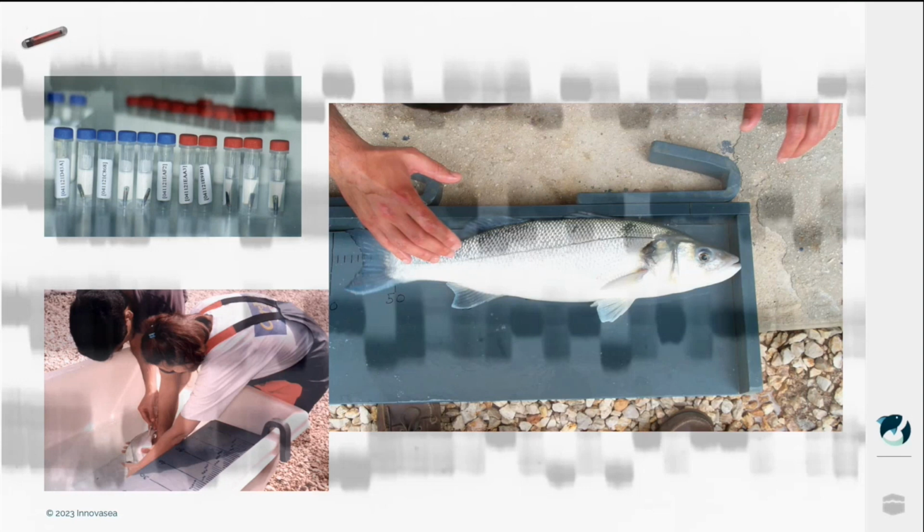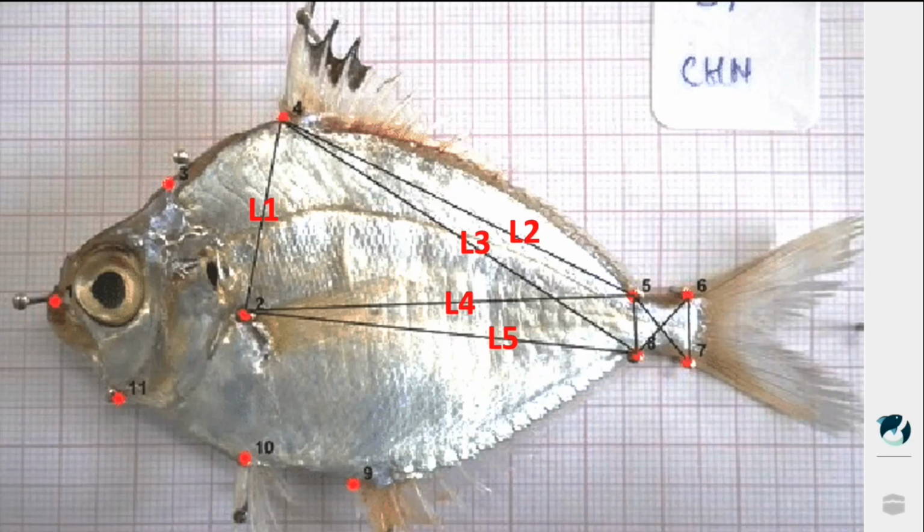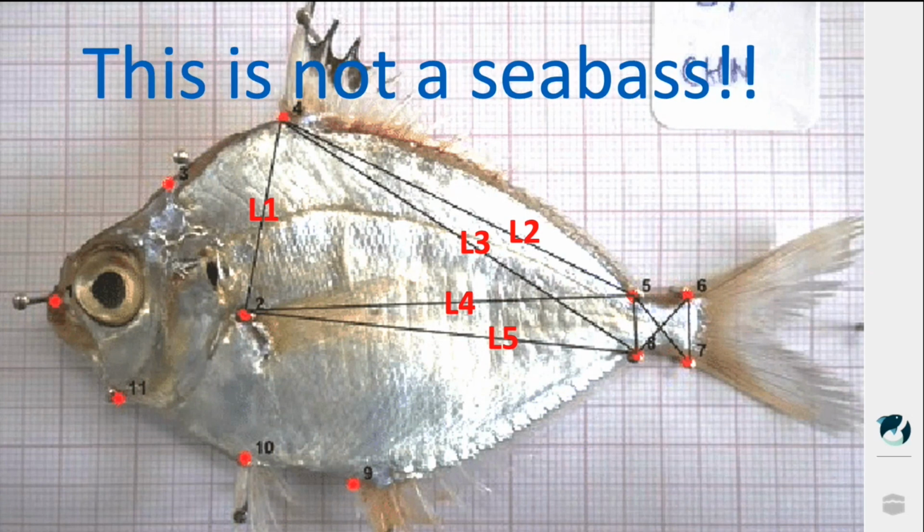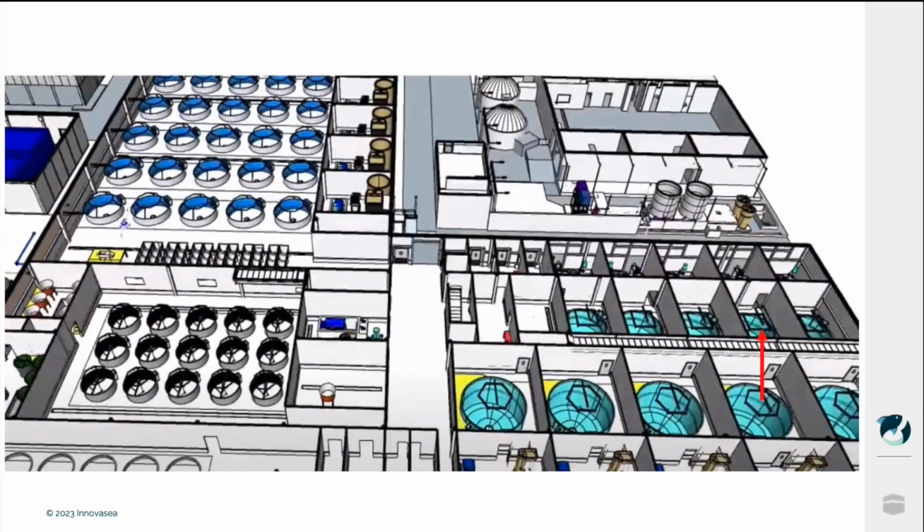For fillet yield, you can use condition factor as an indicator. You can also use body shape. Sometimes body shape is not a simple variable to look at. You can have many dimensions, okay? But you can create all these variables and then track the sample and record the sampling of this fish like that.